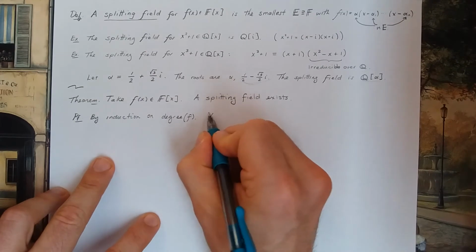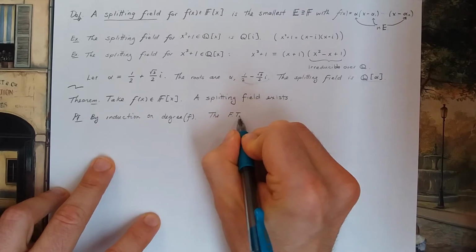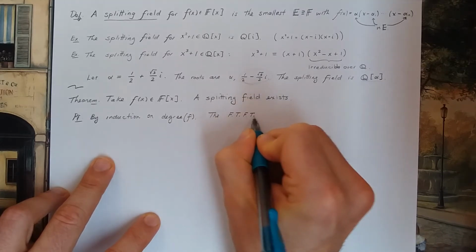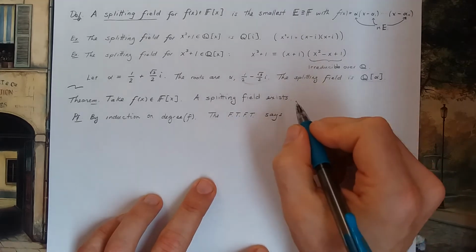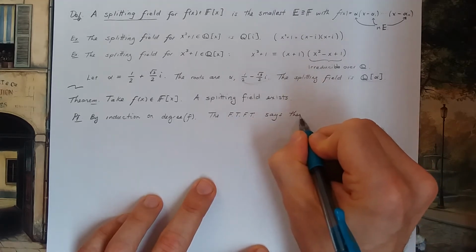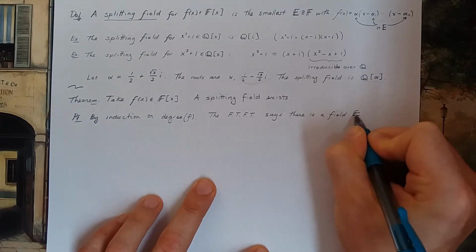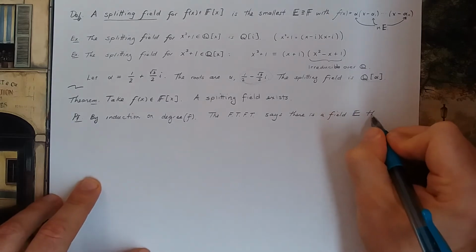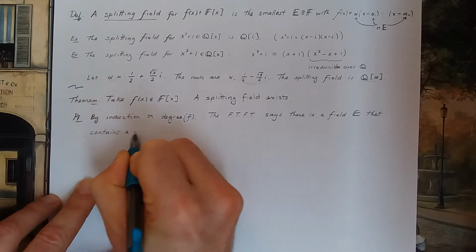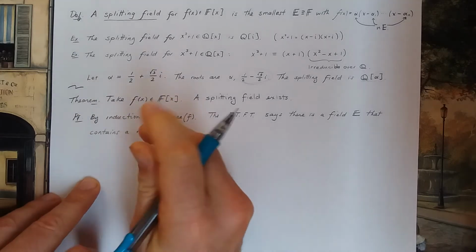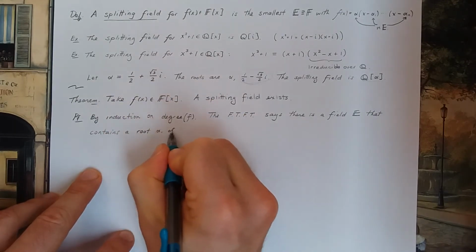The fundamental theorem of field theory says that there is a field E that contains a root, let's say alpha 1, of f.